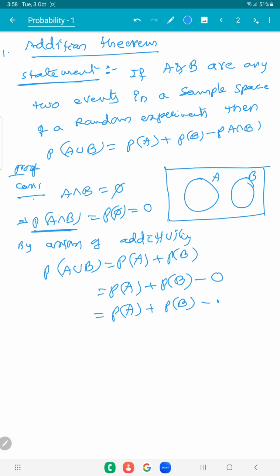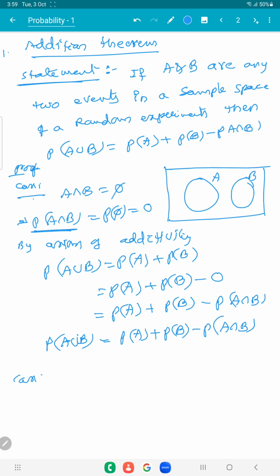Instead of 0 we can write the probability of A intersection B. Therefore in this case the probability of A union B is equal to P of A plus P of B minus P of A intersection B.